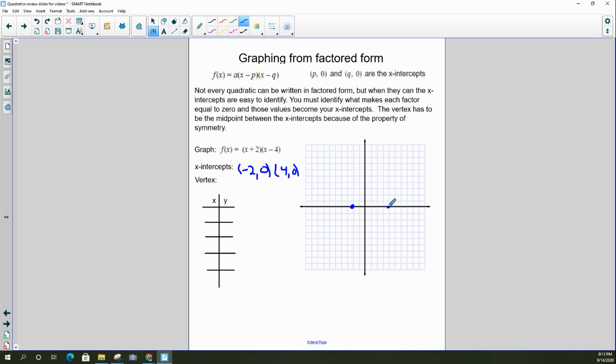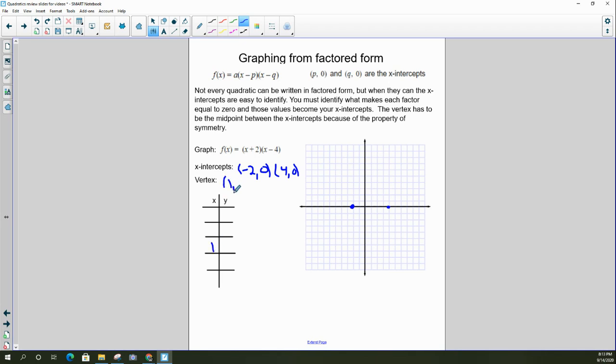So now halfway between negative 2 and 4 is 1. So 3 to the right, 3 to the left, that puts me at 1. You could also just do the midpoint formula, add up your x's, divide by 2. It's another way to get to the midpoint. So my vertex will be 1 comma something.